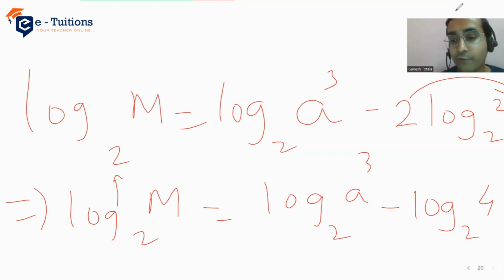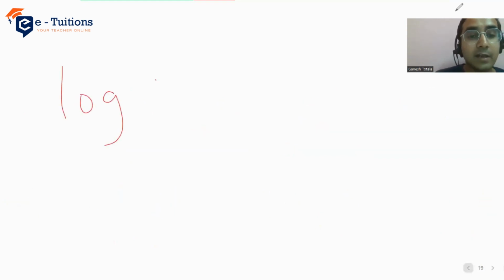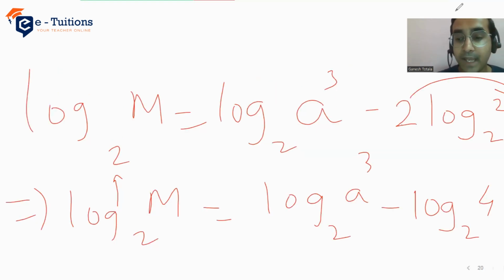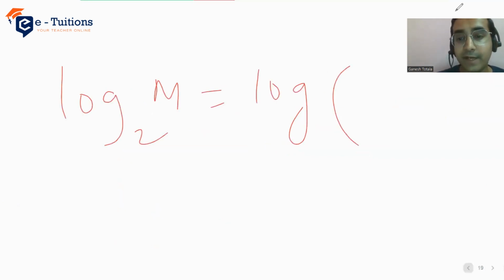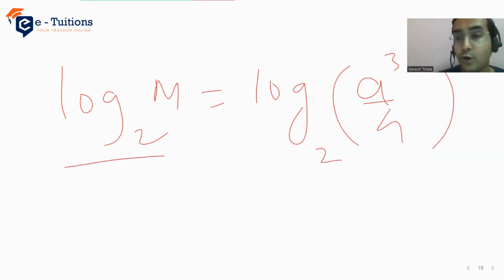Now just use log a minus log b to the right hand side. So I'll be having log m to the base 2 is equal to log of a cube divided by 4 to the base 2. Now, here you can see on the left hand side, it's log of m to the base 2. On the right hand side, it's log of a cube by 4 to the base 2.